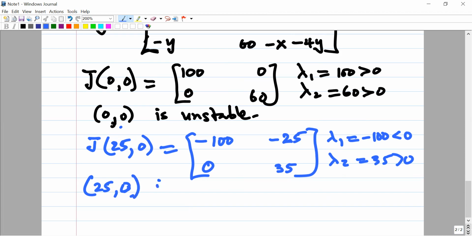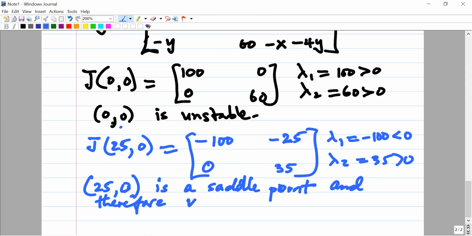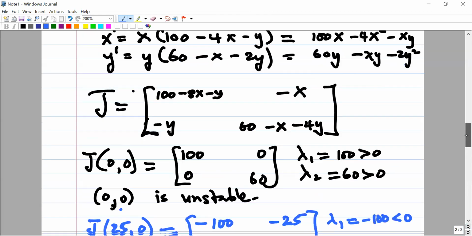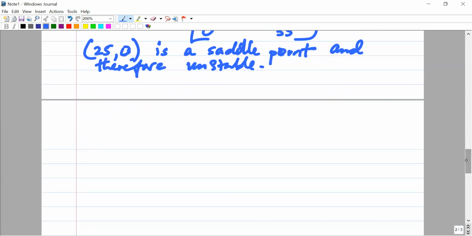So it is impossible for species X to exclude species Y. That's the outcome there.